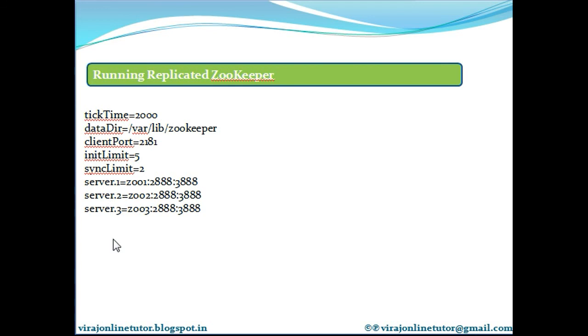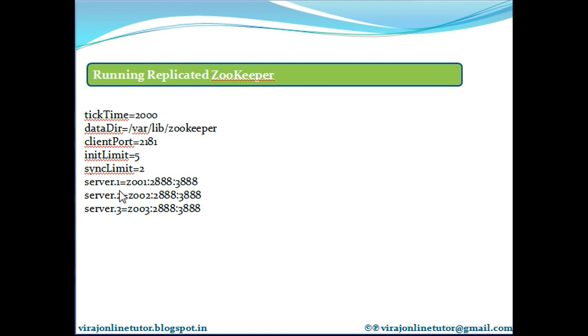Then we have the entries of the form server.x, which list the servers that make up the Zookeeper service. When the server starts, it knows which server it is by looking for a file named myid in the data directory.